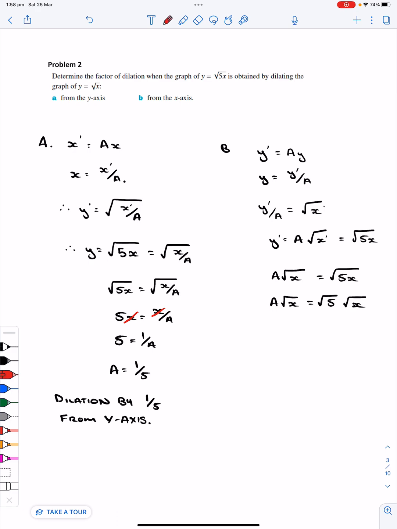There's a cancellation here, and therefore A equals square root of 5. And this means that I have a dilation by a factor of square root of 5 from the x-axis. Okay.